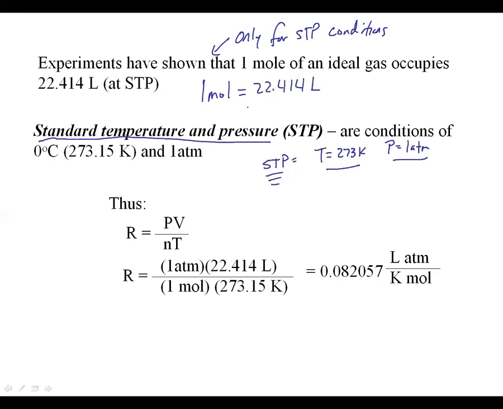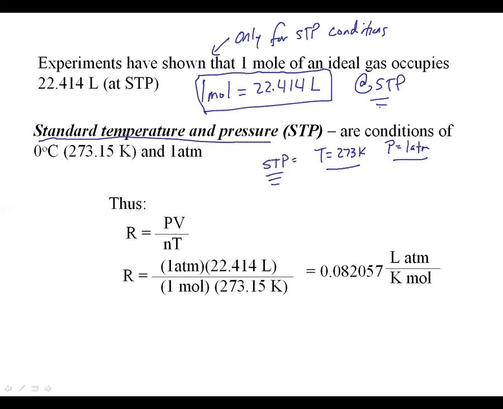So this is a conversion factor, which again can only be used at STP conditions, that will sometimes allow you not to have to actually use the ideal gas law. So in some cases, you can avoid using the ideal gas law under STP conditions by using that conversion there, that 1 mole equals 22.414 liters.